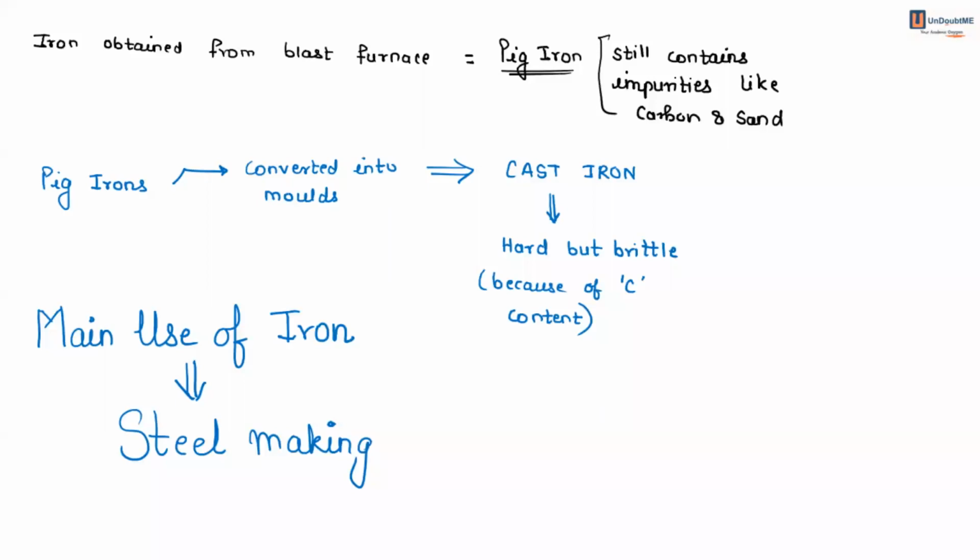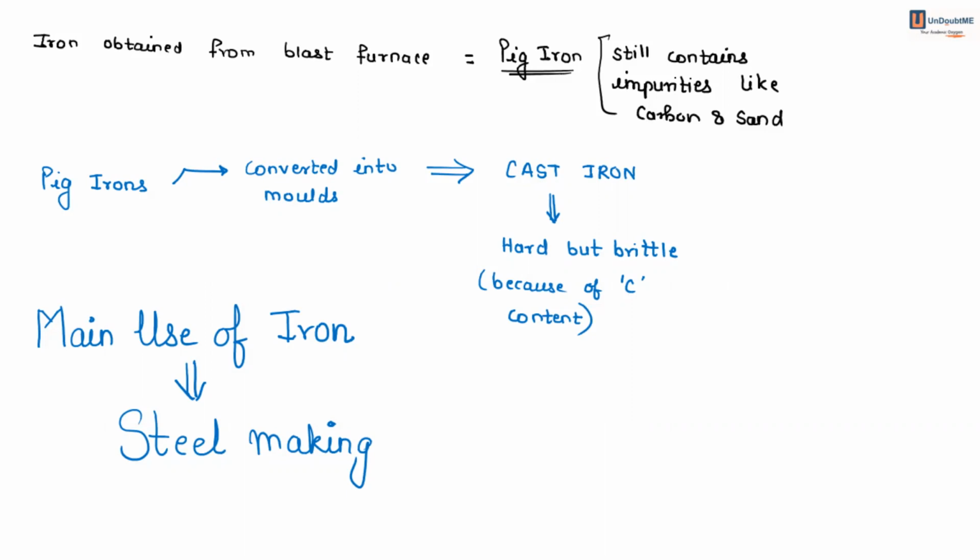The majority of the iron which is extracted is converted into steel because it's steel which is used in different products. You are not using iron directly because, as I told you, pure iron is not that hard. It can be brittle also. To enhance the strength, there are alloys of iron, which is steel.